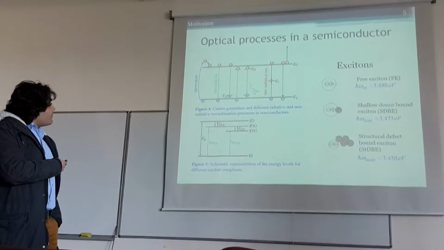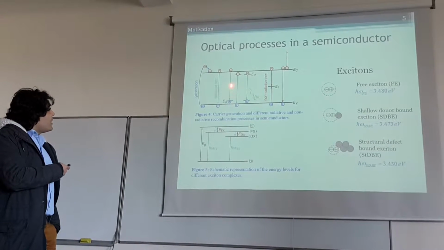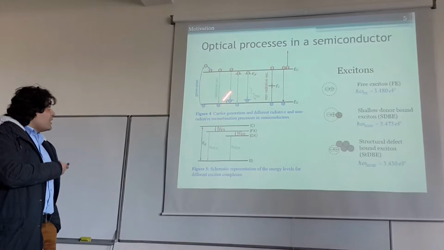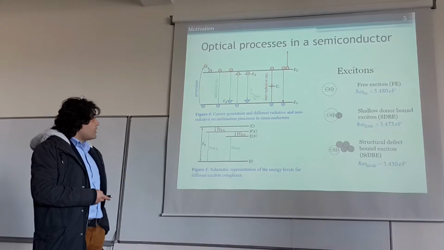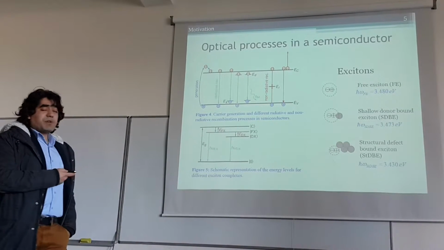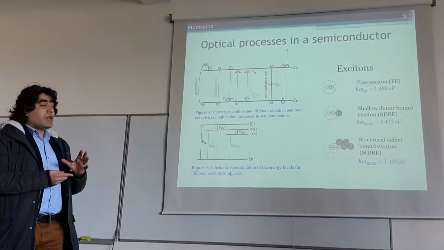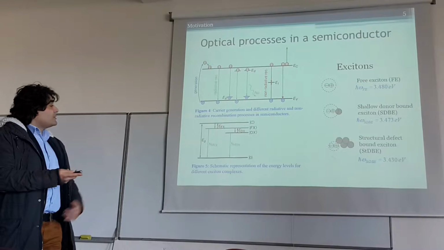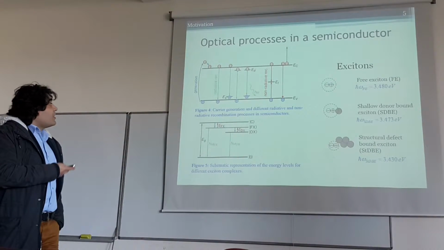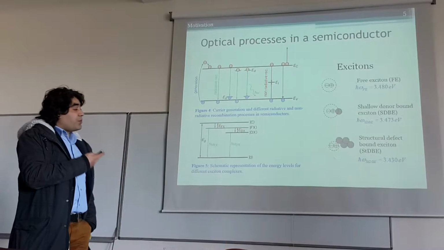A carrier radiatively recombines through conduction band to valence band, or valence band to acceptor levels, or between donor and acceptor levels. However, the trap levels in the band gap capture the carriers and it increases the non-radiative recombination process.